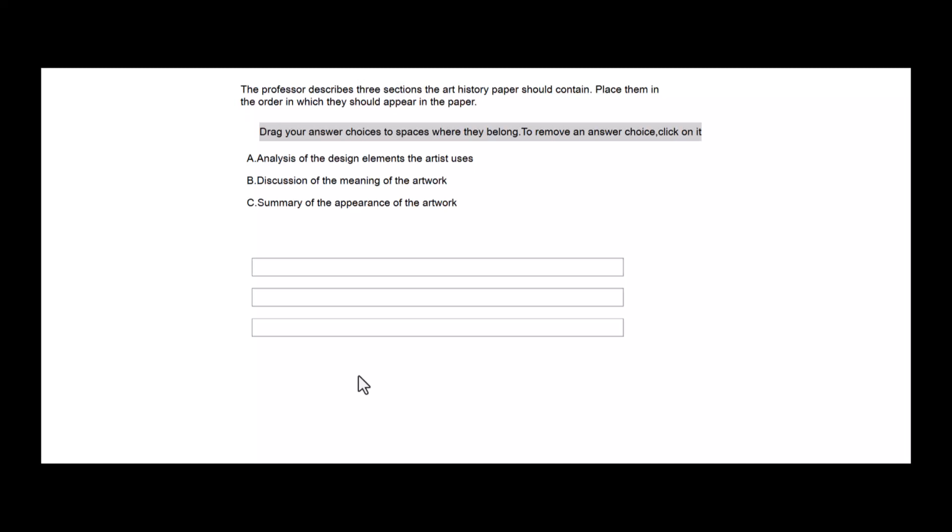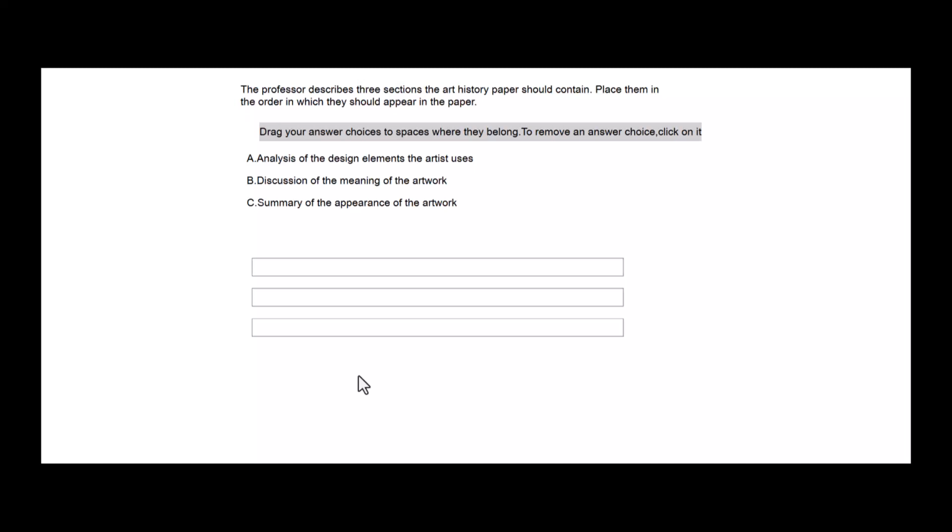Firstly, the professor mentioned that in order to write the formal analysis, students should give an overview of the artwork. So this is the first section. In the second part, which is the longest part of the formal analysis, according to the professor, students need to write about the design elements, the details of the artwork.